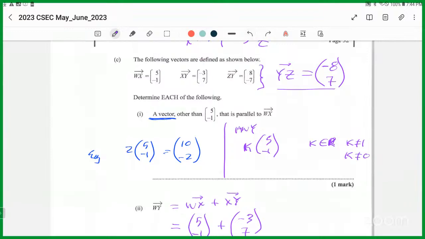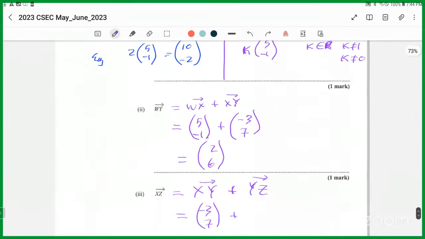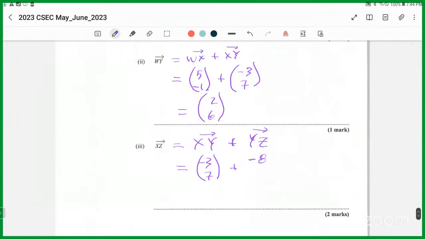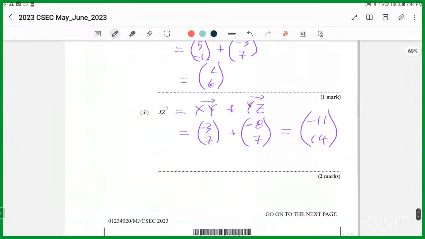And Y to Z is -8, 7. The final result is -11, 14. That is the answer.